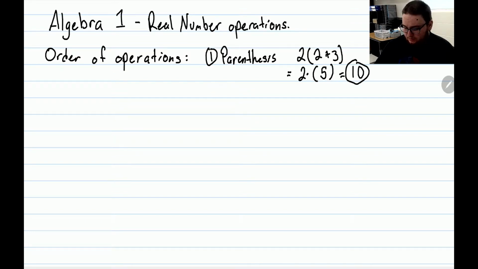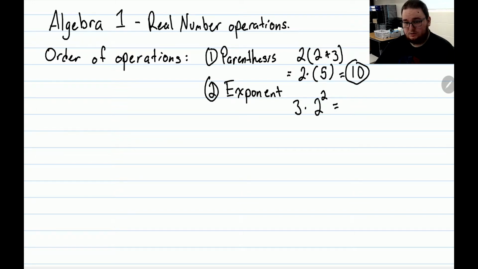Next, you're going to do anything that has an exponent. So, for example, if you have 3 times 2 with an exponent of 2, then the first thing you're going to do is evaluate the exponent.